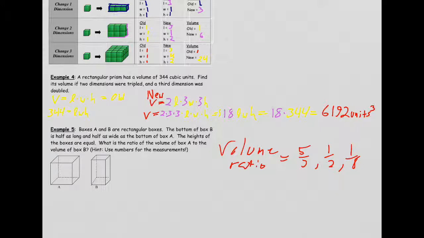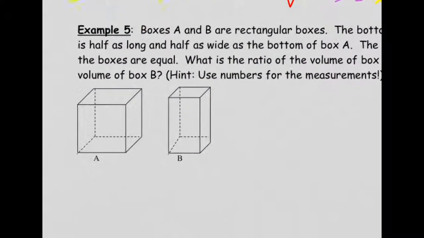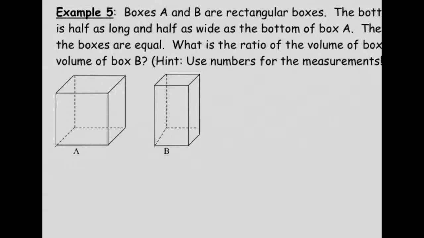Okay. So here's how I want you guys to take this. We've got A right here, and let's just call this length, width, and height. So the volume of A is length times width times height, right?